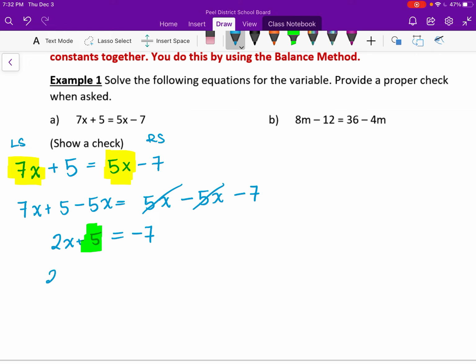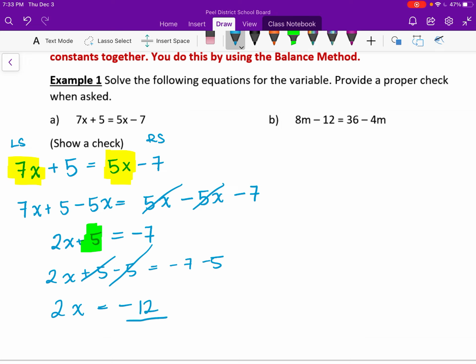So I'm going to do minus 5 on both sides. Plus 5 minus 5 is going to be 0, so I'm going to be left with 2x is equal to negative 7 minus 5, which is going to be negative 12.